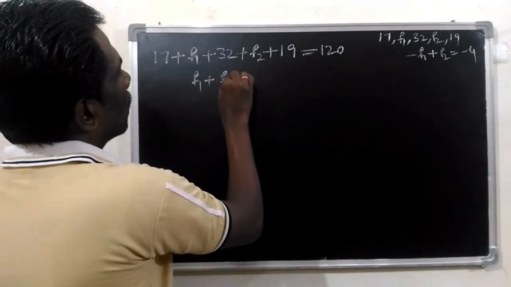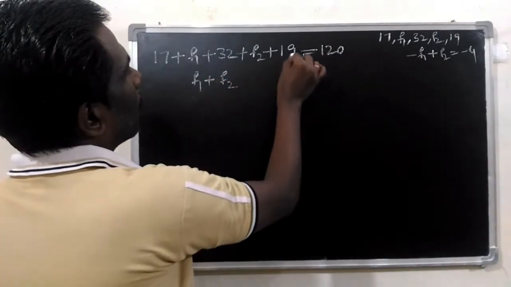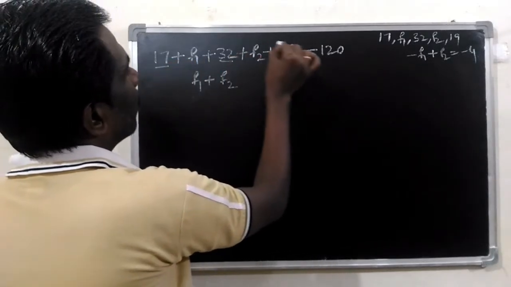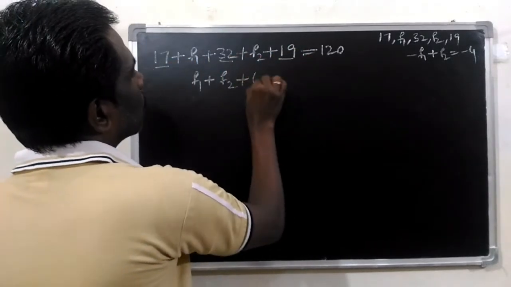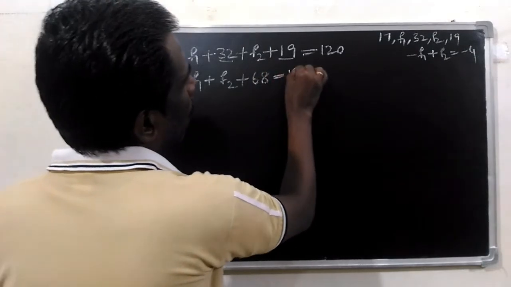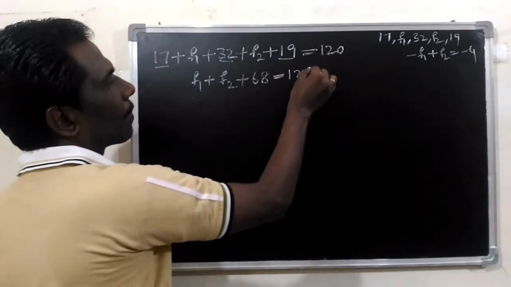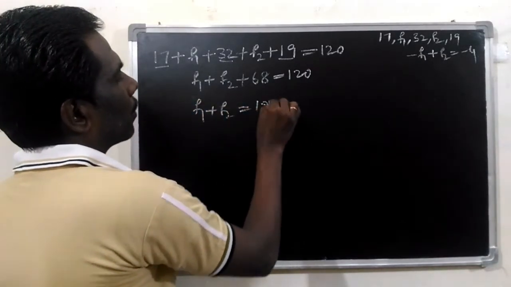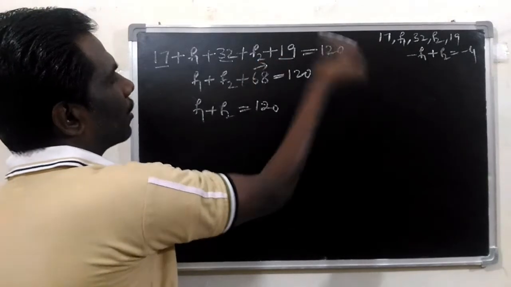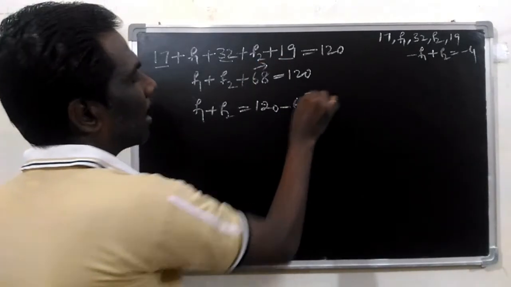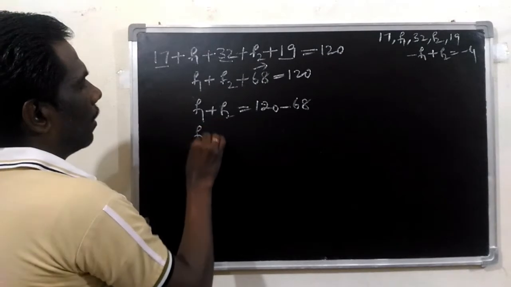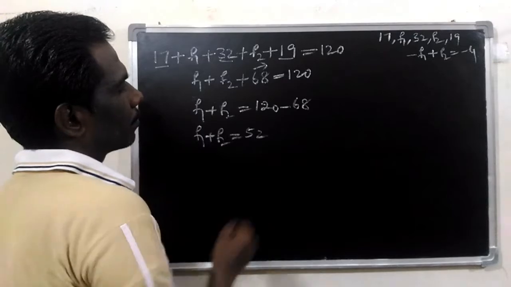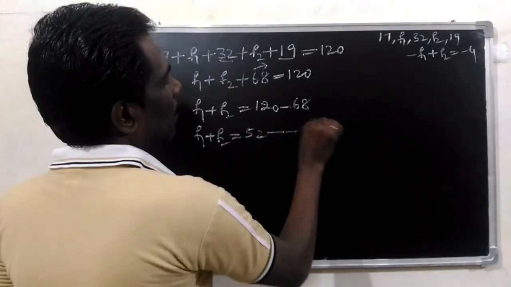So f1 plus f2, and the sum of the numbers 17 plus 32 plus 19 is 68, equal to 120. f1 plus f2 equals 120, and transferring this 68 to the right side it becomes minus 68. So f1 plus f2 is equal to 52, and this is the second equation.